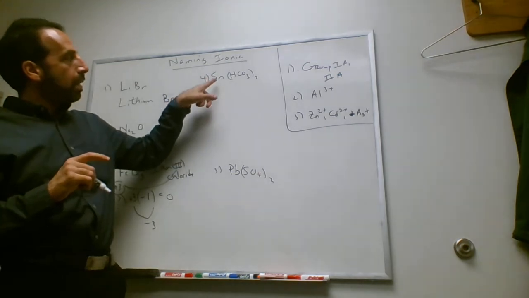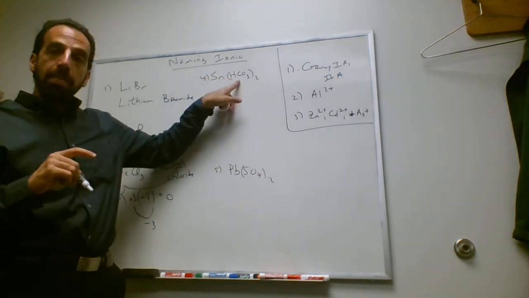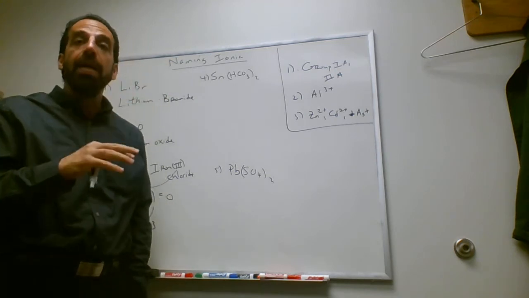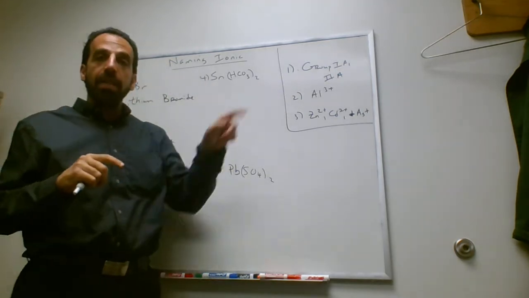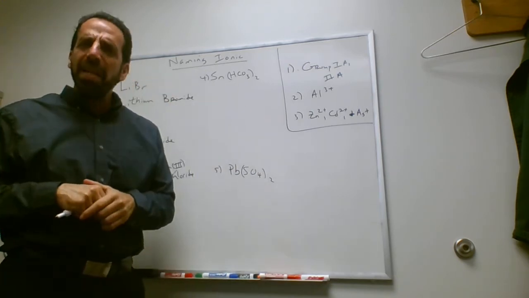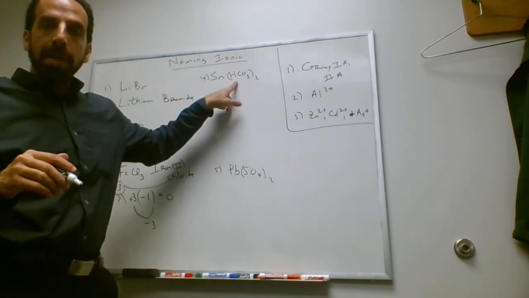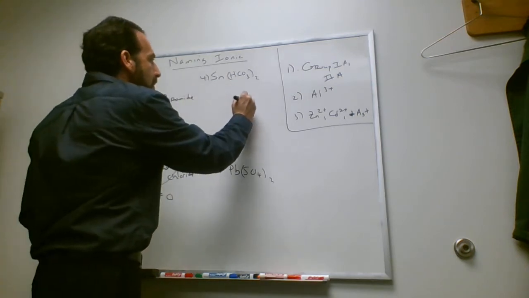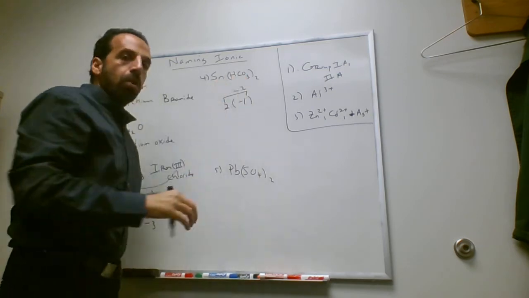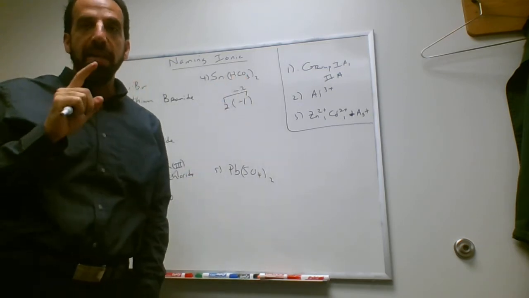Let's look at this one. This is Sn, and this is a polyatomic. Polyatomics, you just have to memorize. This is hydrogen carbonate, or bicarbonate ion. Sn is not on that list, so I have to indicate what type of charge it is: 2, 3, 4, whatever the case may be. The bicarbonate ion forms -1. 2 of them. So my total negative charge is -2.